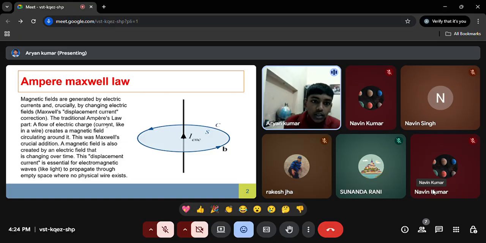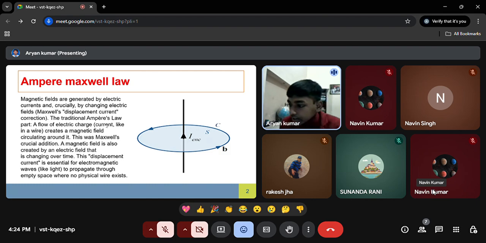So, what this says is that light is an electromagnetic wave, and it travels through the empty space at the speed of light. And it also says that a magnetic field is also created by an electric field that is changing over time.